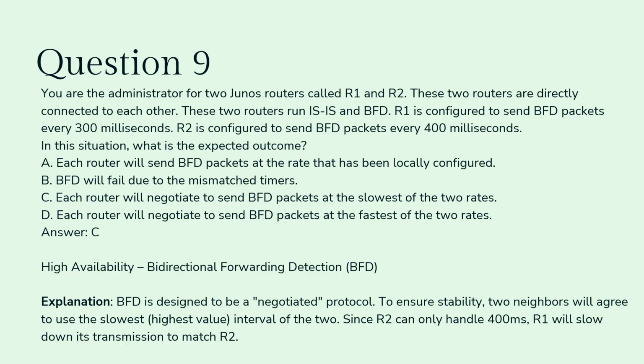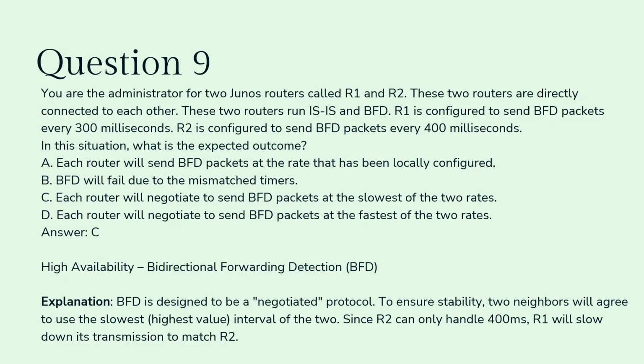A. Each router will send BFD packets at the rate that has been locally configured. B. BFD will fail due to the mismatched timers. C. Each router will negotiate to send BFD packets at the slowest of the 2 rates. D. Each router will negotiate to send BFD packets at the fastest of the 2 rates.